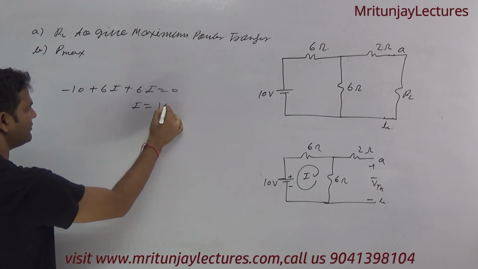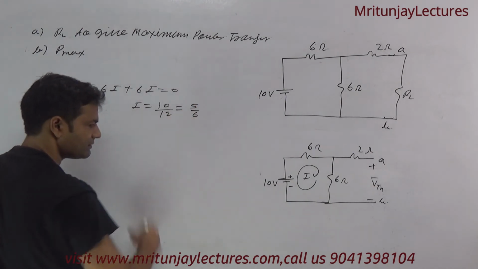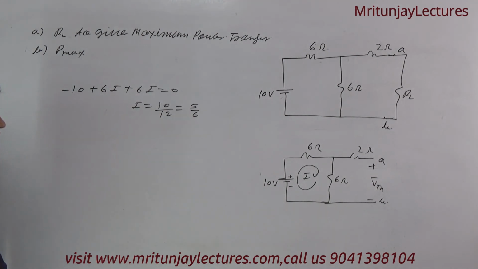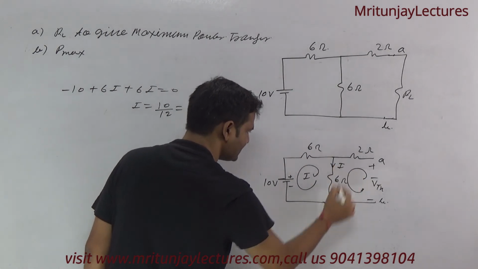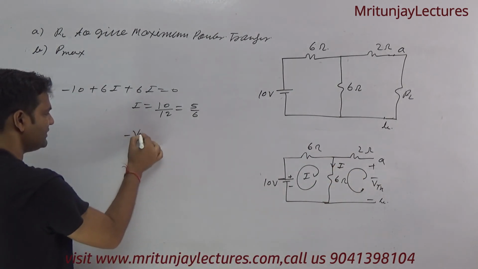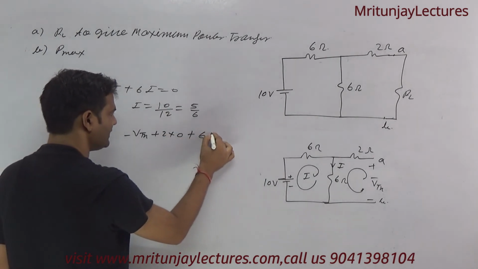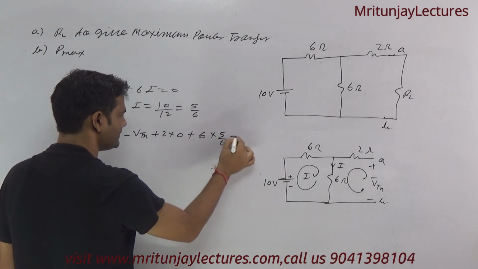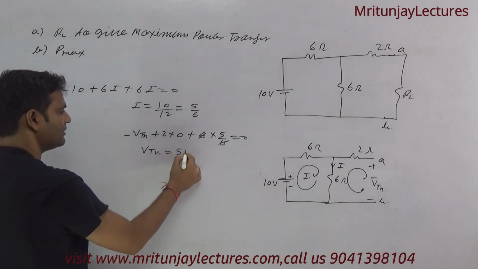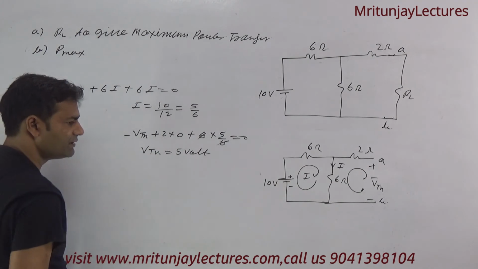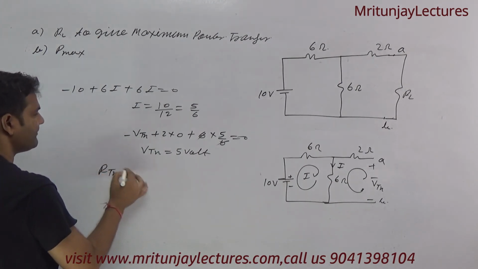So I equals 10 divided by 12, that is 5 by 6. For VTH: minus VTH plus 2 into 0 plus 6 into I, with I equal to 5 by 6, equals 0. So VTH is 5 volt. Next, what about RTH?